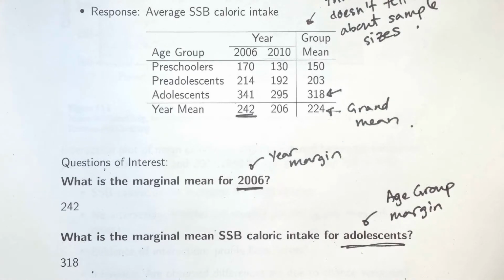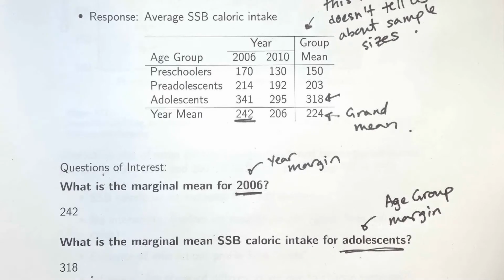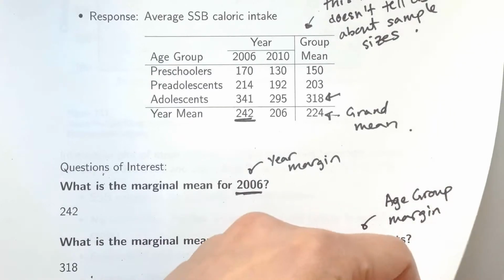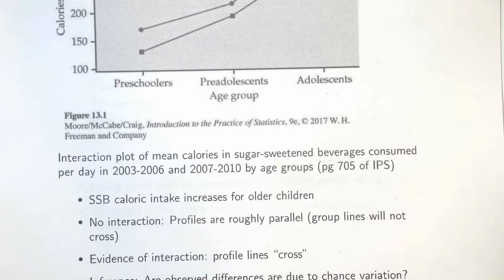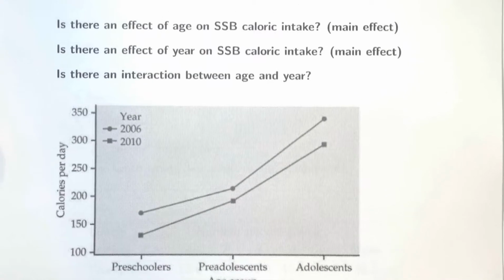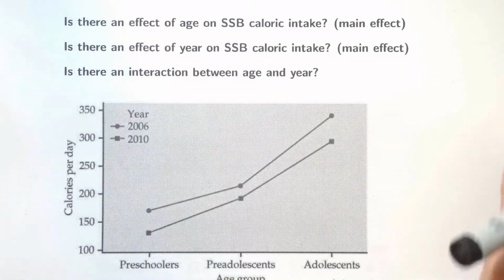But there are more questions that we might be interested in. We're not interested in a particular margin, but we'd like to know, is there an age effect or a year effect? Age makes sense. As you get older, you could imagine they might drink more. So even if they're drinking the same beverage, because they're drinking more of it, there might be a higher intake, right? Particularly among children.